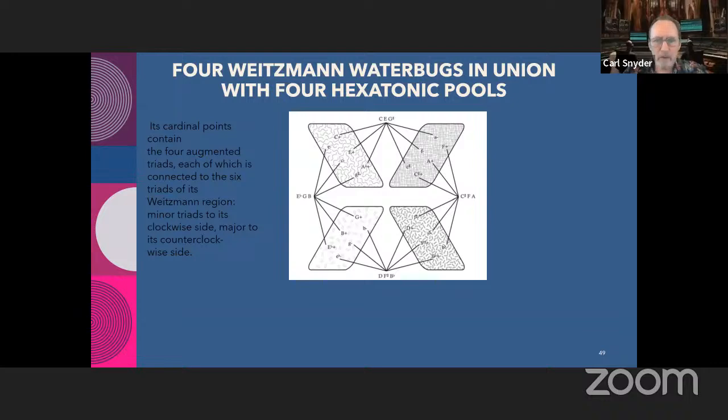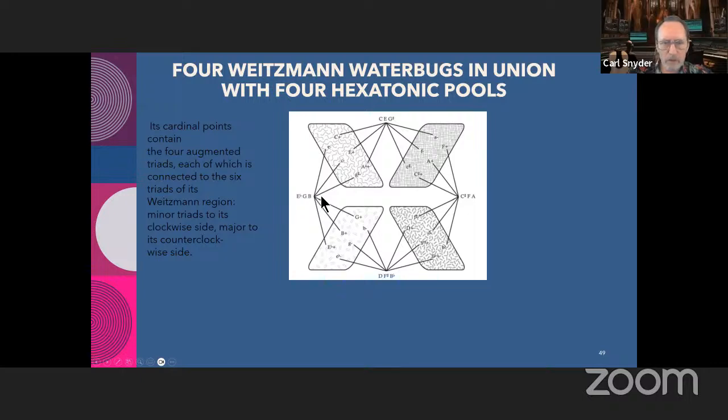Here is an interesting representation. Its cardinal points contain the 4 augmented triads, each of which is connected to the 6 triads of its Weitzmann region, minor triads to its clockwise side, major to its counterclockwise side. So again, here's the augmented chord. Here it is sitting in the region.